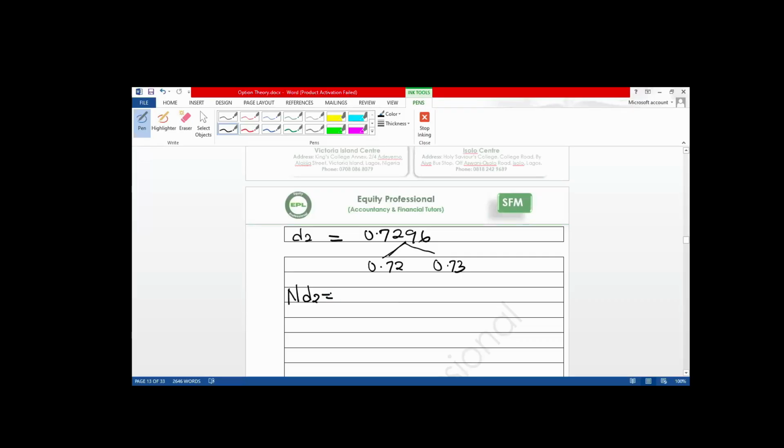ND2 is equal to, remember again, if the sign here is positive, like what we have, positive 0.7296, you are going to start with 0.5 plus.